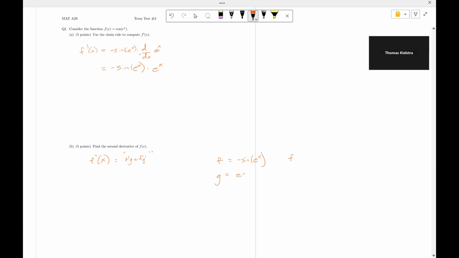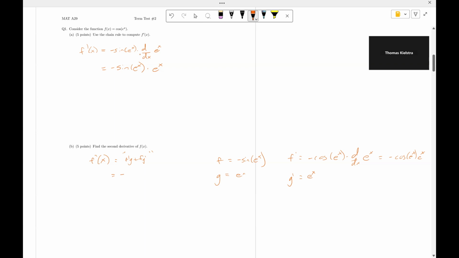So here, f prime is going to be another chain rule. It's going to be minus cos e to the x times the derivative with respect to x of e to the x. And g prime is going to be the derivative of e to the x, which is simply e to the x. Here, I'm going to finish this off to give me minus cos e to the x times e to the x. Okay, and now for the second derivative, it's f prime g plus f g prime.